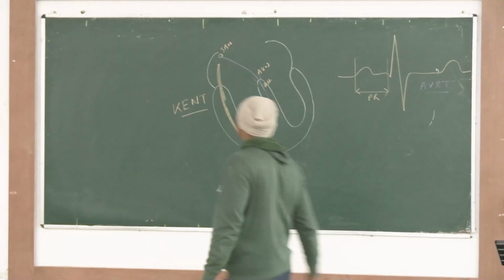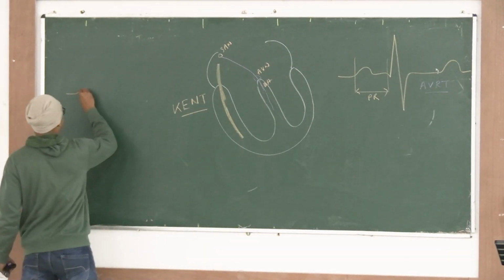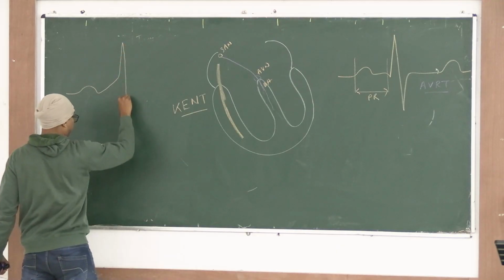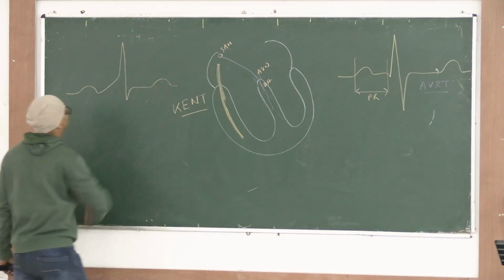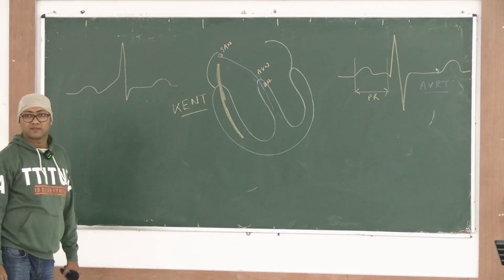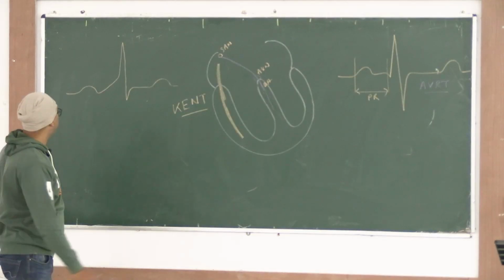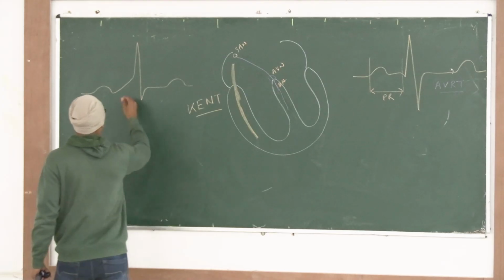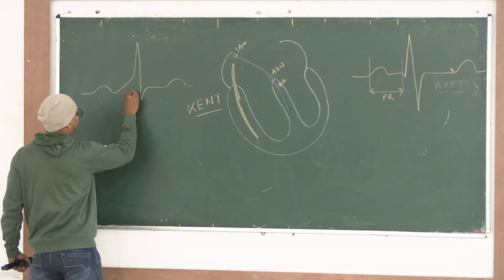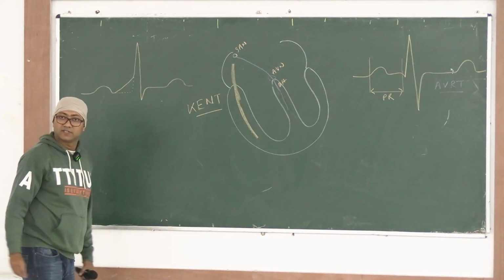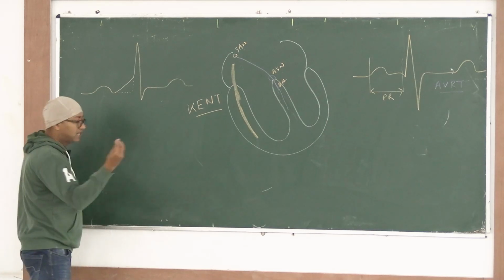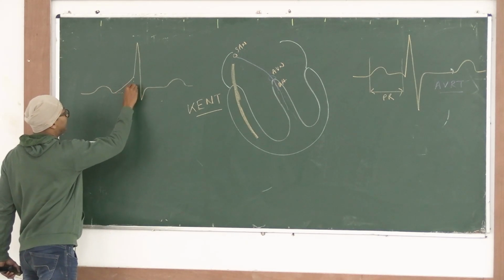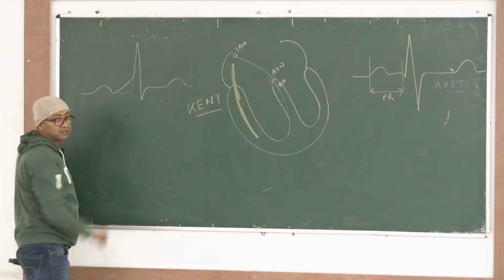And the ECG will look like this, okay? So this, it should normally come here and then rise, right? In a normal heart, after P wave, it should go like this, form a Q wave, then it should rise like this.